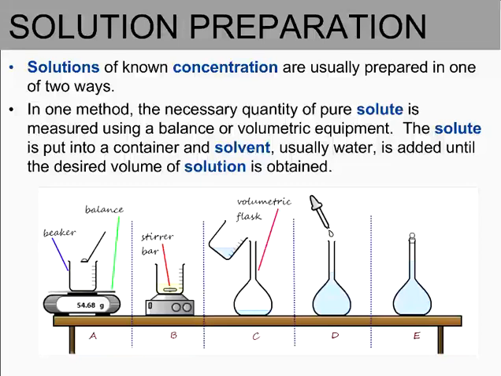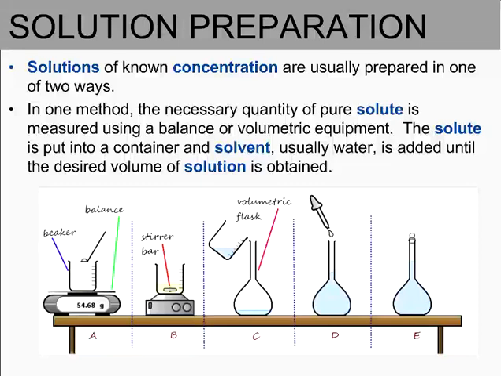solution is obtained. Down below, there's a nice little diagram showing a balance on the far left, and there's a beaker on top, and we can weigh out however much solute we need for our solution. And then we can use a magnetic stir bar and some added water to mix up that solute and let it dissolve.